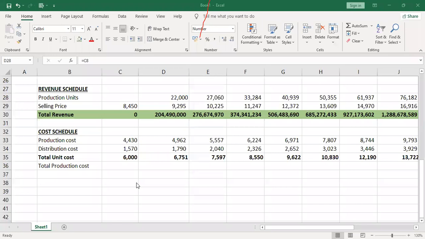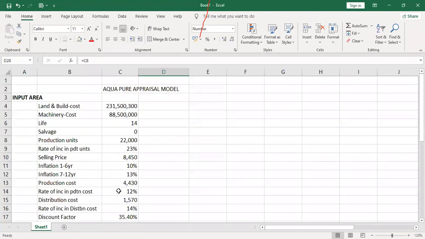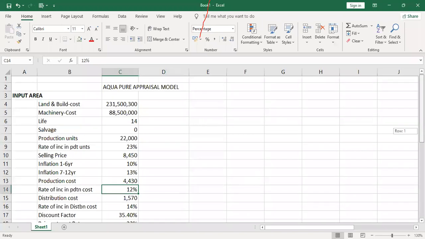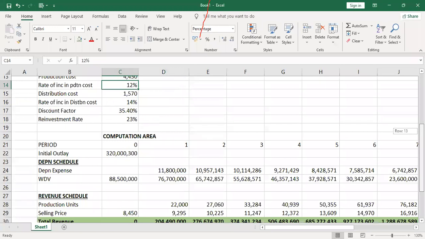My production rate should be what? 12. Production rate is 12.